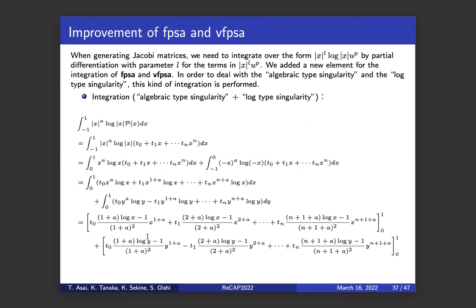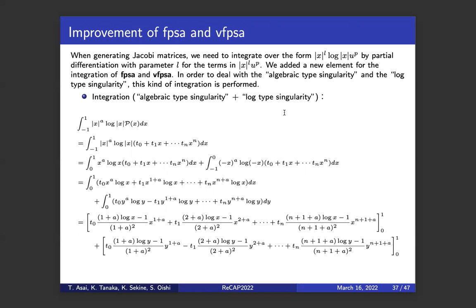Okay, then, this is a small note. When generating Jacobi matrices to solve the bifurcation point, we need to handle a term like this. So we added a new element for integration in order to deal with algebraic type singularity, like that absolute part, and the log type singularity, that is log.